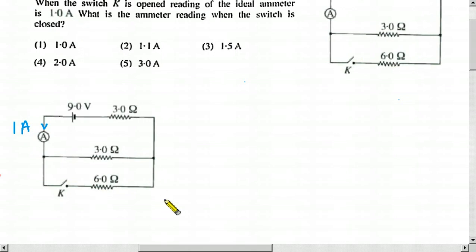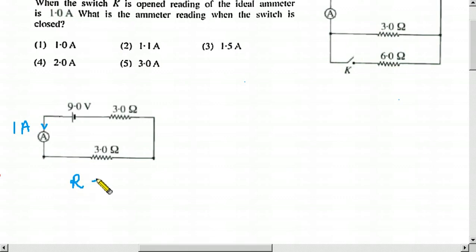So we don't want this part because the switch is opened. So these resistors are in series because all the current that has gone through this first resistor must go through the second resistor as well. So these are in series.